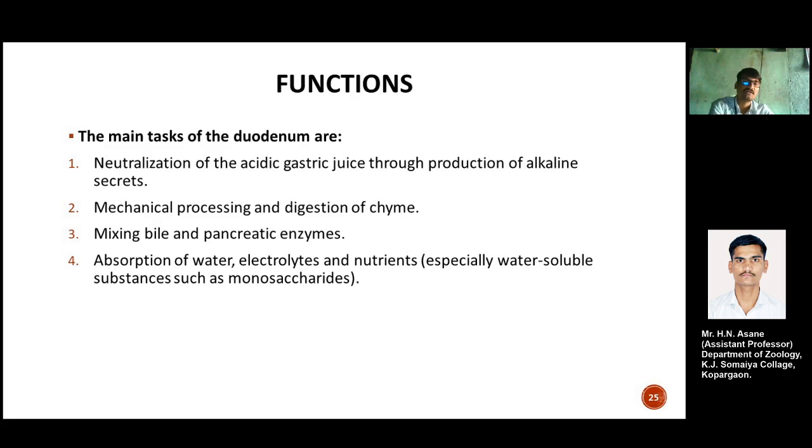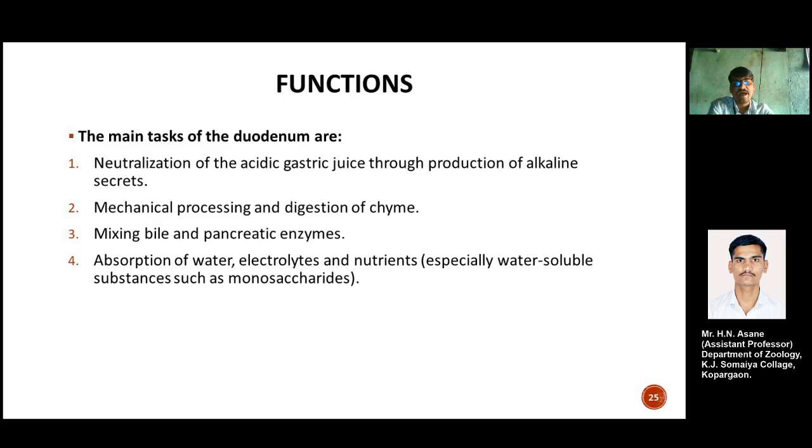Okay, and then that nutritive material is transported by means of the veins and the arteries. Okay, so then the mixing of the bile and the pancreatic enzymes happens in the duodenum, whereas the bile is secreted by the liver, and it has a duct which opens into the duodenum.